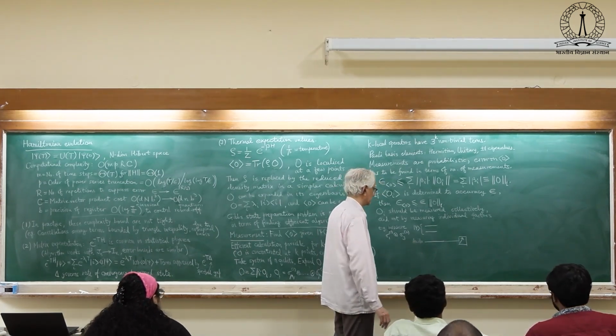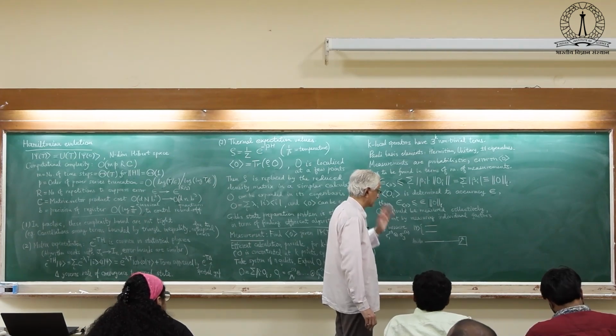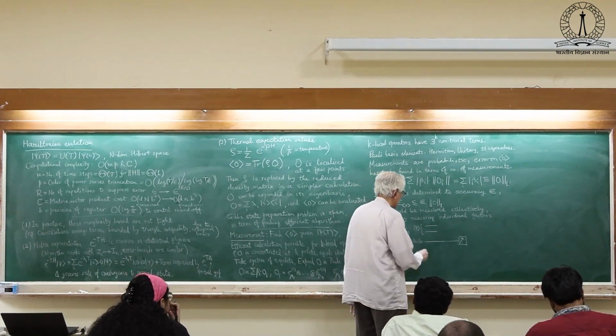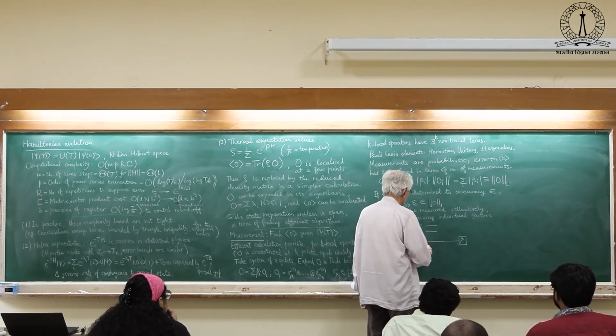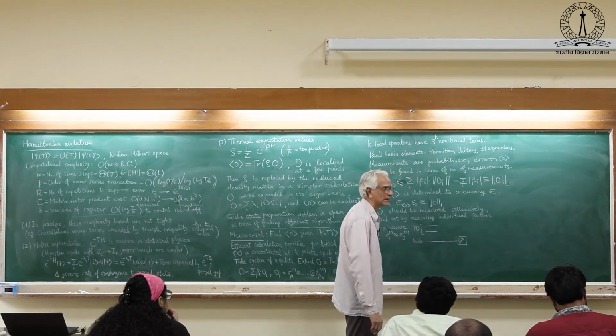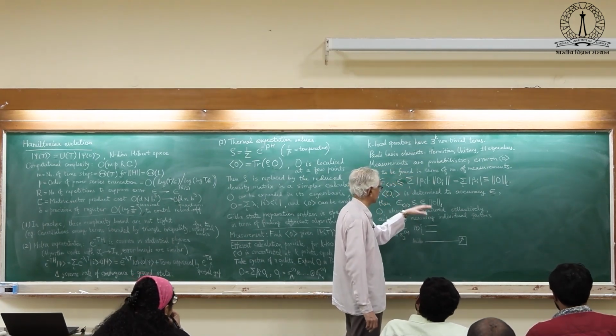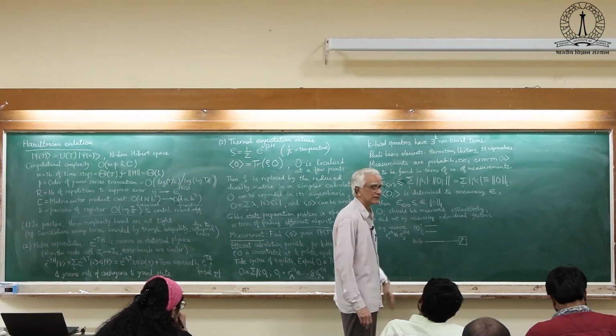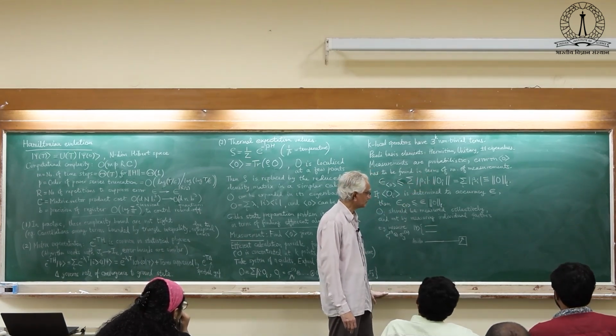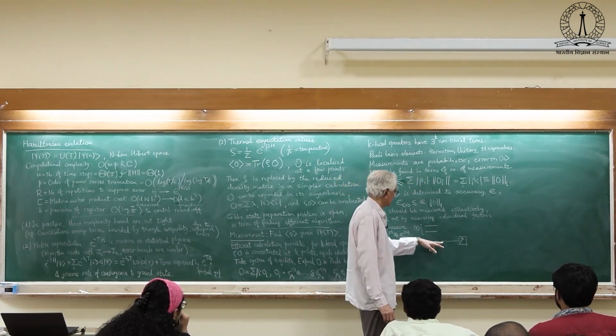They are interchangeable in any measurement. In a qubit system, you will write 0 and 1, but we will convert it to 1 and minus 1 when substituting inside here.